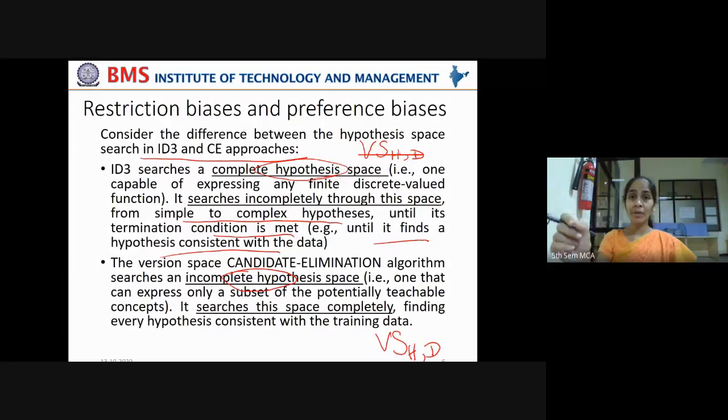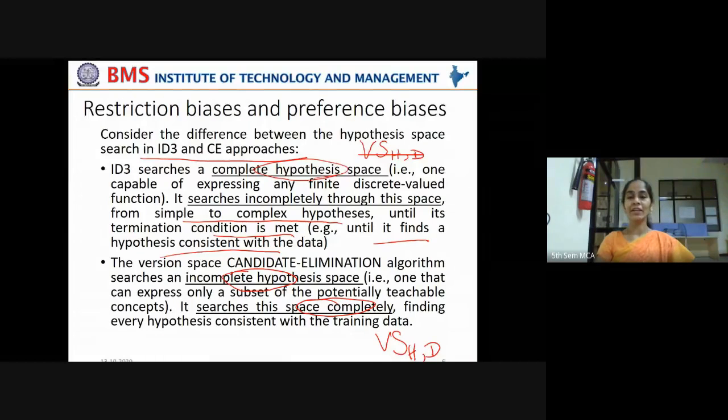It may not sometimes contain the optimal hypothesis that will be consistent with the training examples also. That is the risk in candidate elimination algorithm, right? So the version space of candidate elimination algorithm searches an incomplete hypothesis space which may not contain the target function, or the target solution, but it searches this space completely.